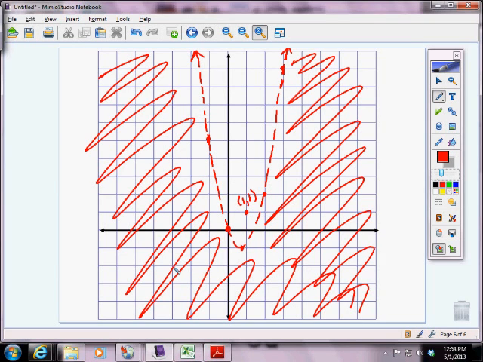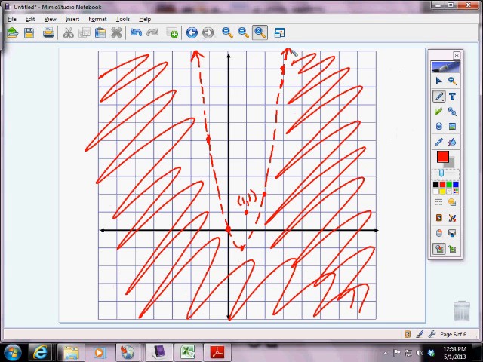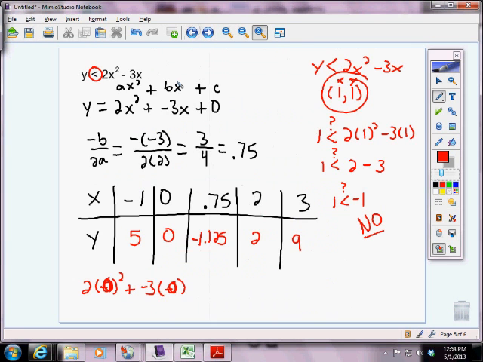Graphing quadratic inequalities do take a little bit of work, but the more you do it, the easier it gets. Because keep in mind, you graph the quadratic using your negative b over 2a to find the x-coordinate of the vertex, make an input-output table, graph it. Then, or before you can do this, make sure you double check to see if it's solid or dashed, and then test a point.